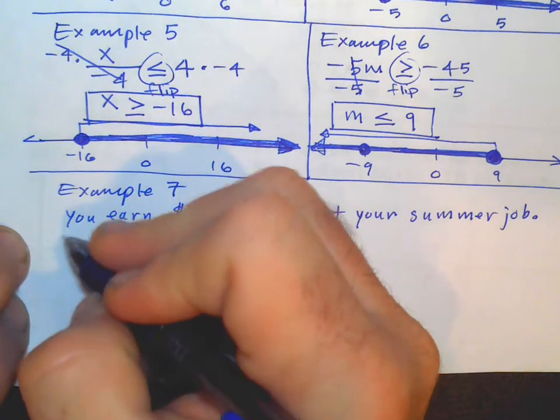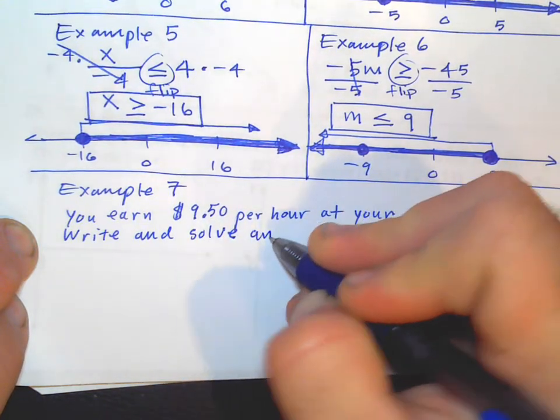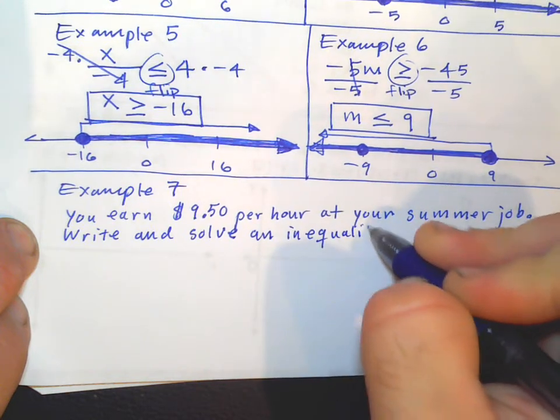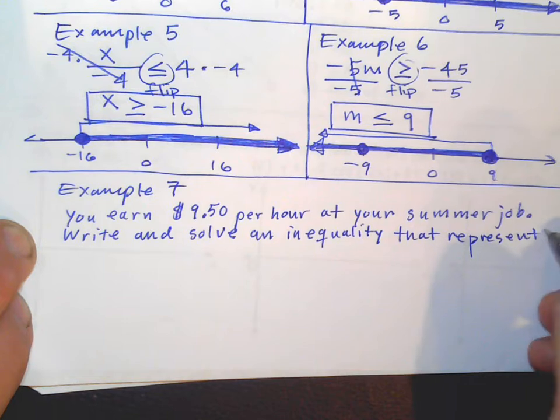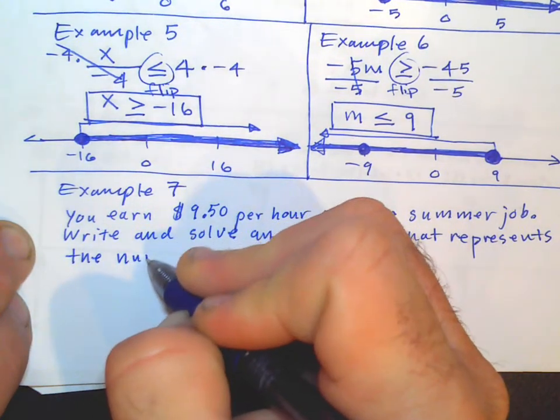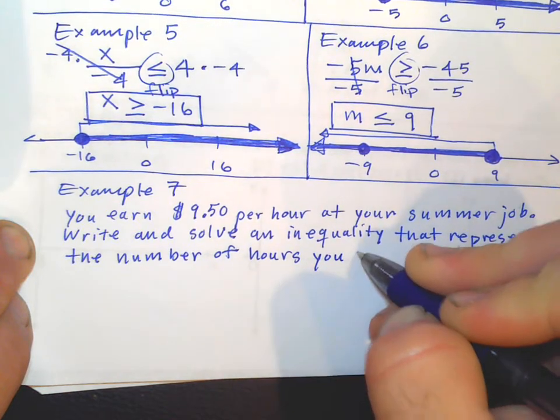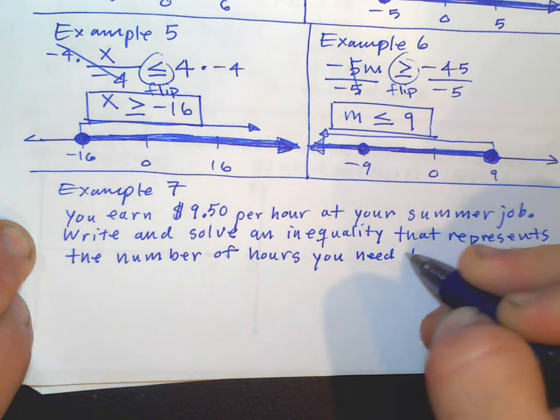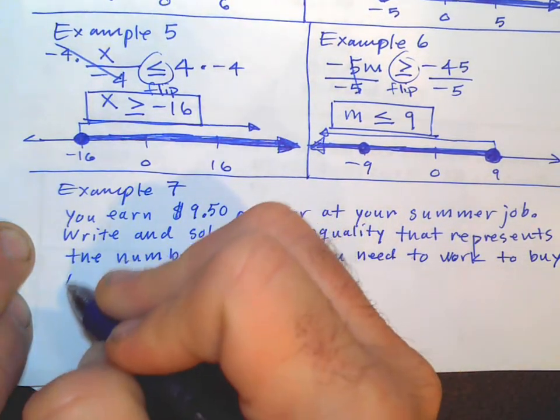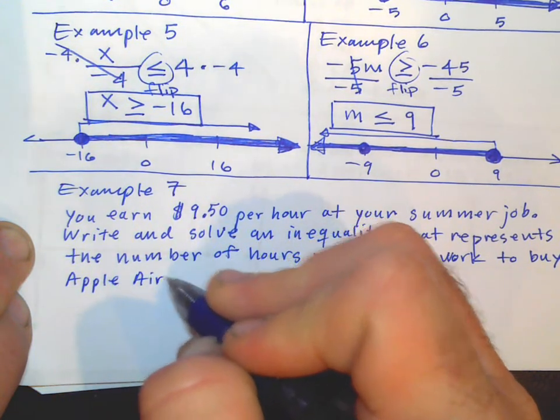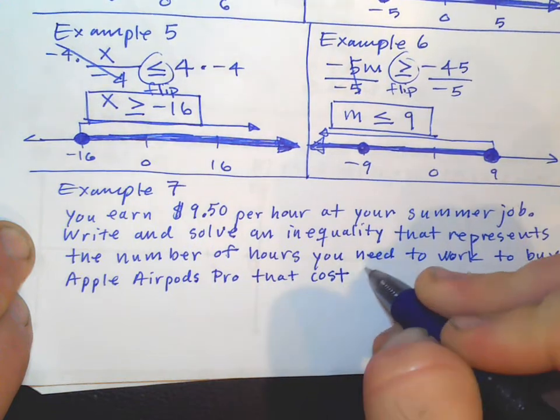Write and solve an inequality that represents the number of hours you need to work to buy Apple AirPods Pro that cost $247.